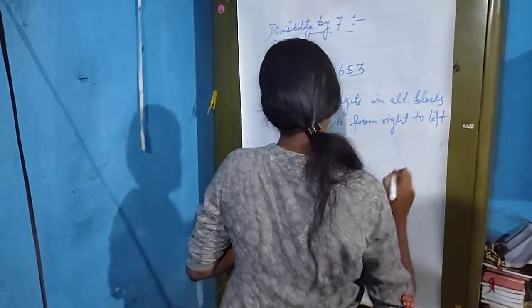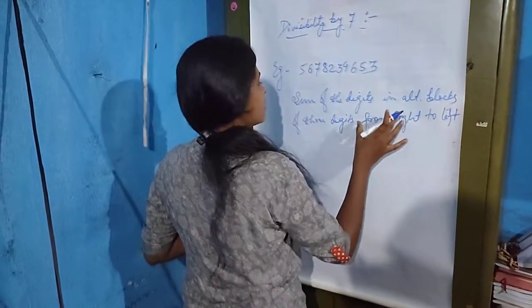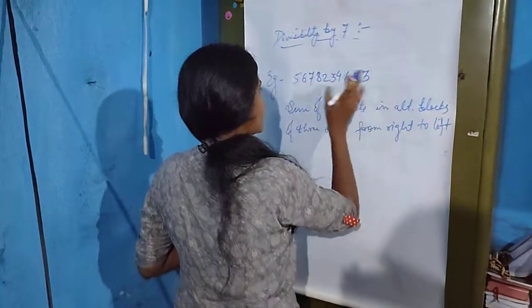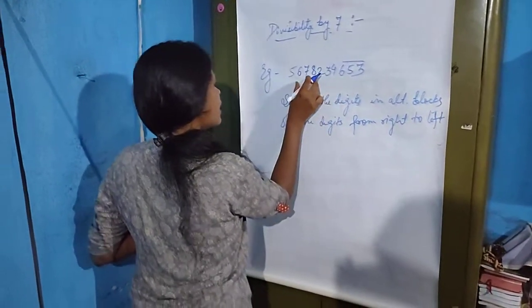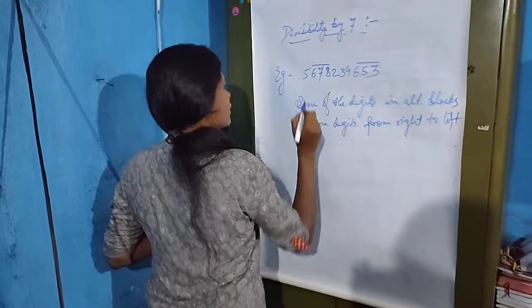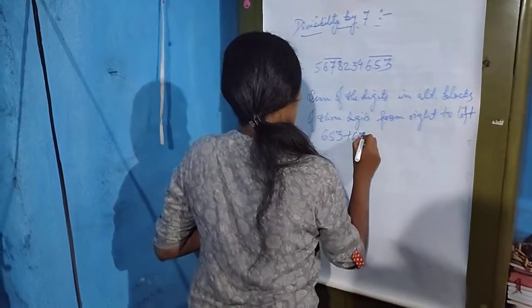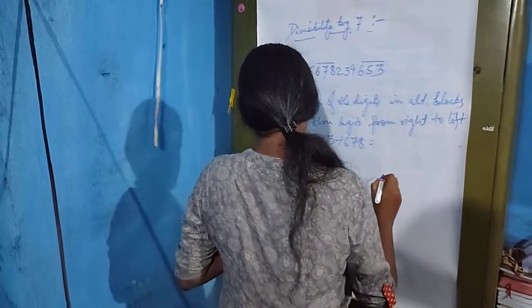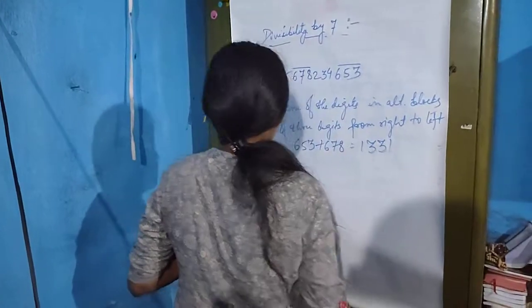As you can see here, from right to left you take this block, then you leave the next 3, and again you take this 3. So you find the sum 653 plus 678. What will be the sum? This will be the sum.